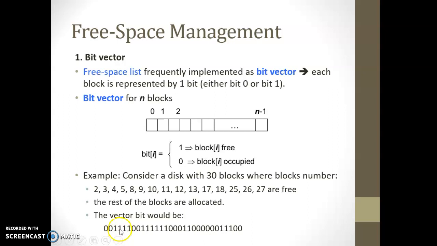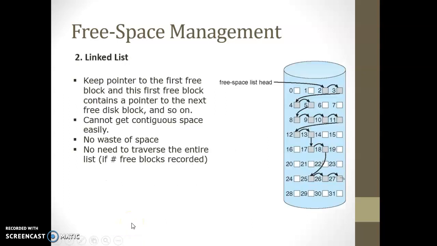Block 3 is also represented by bit number 1. Okay, here block 3 are free. Then block 4 and 5 are also free. So definitely 4 and 5 are represented by bit number 1. Right?